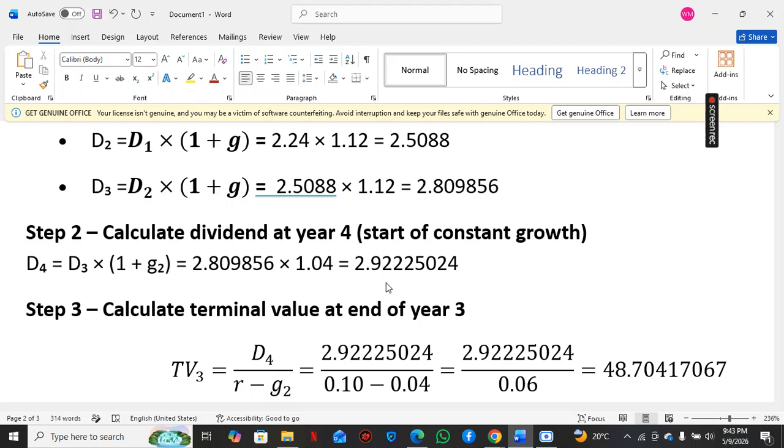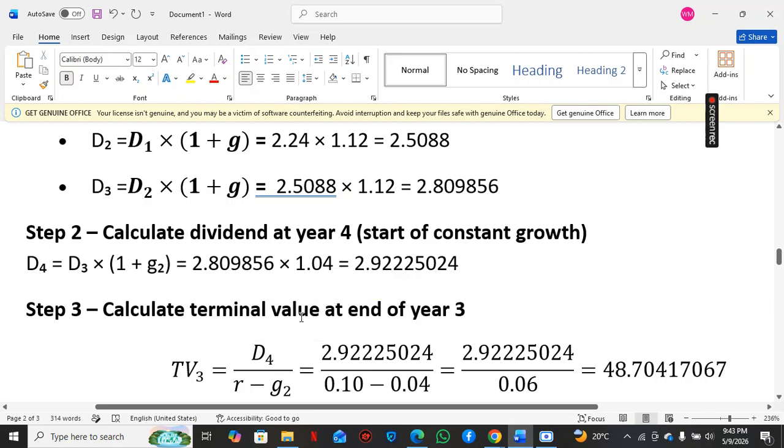Now remember, colleagues, since the growth is going to be at 4% forever, it's going to be a big job to start calculating the dividend for year 5, 6, 7, 8, 9, 10. You don't know where forever ends. So it's going to be a big job calculating all these dividends after year four. That's where we bring in this terminal value.